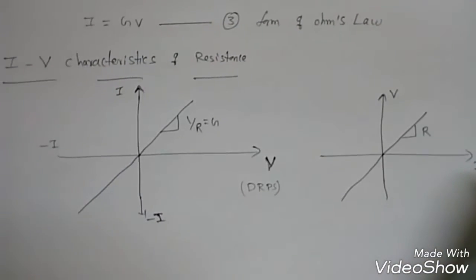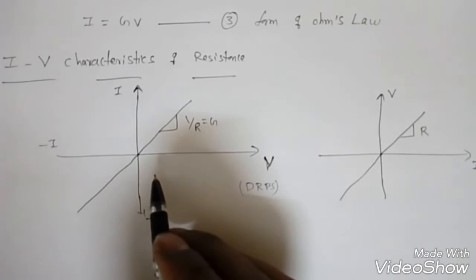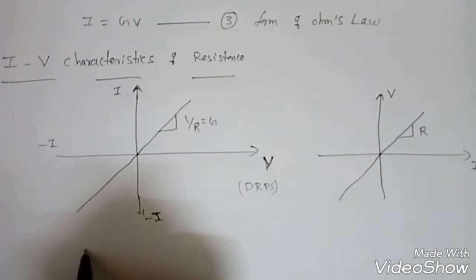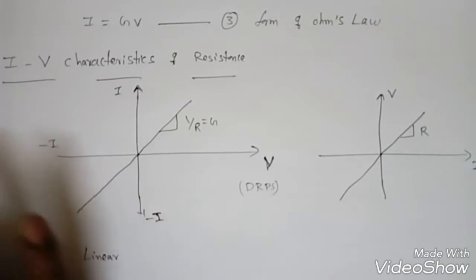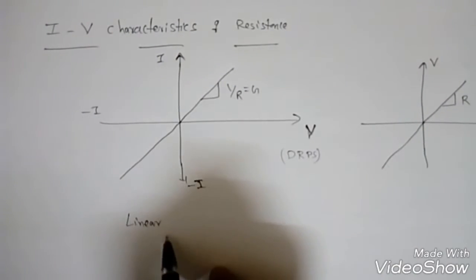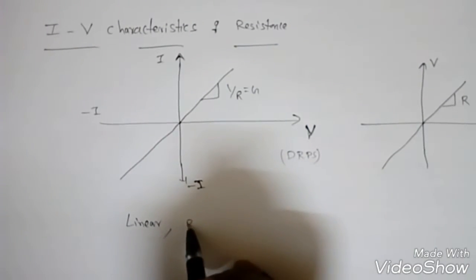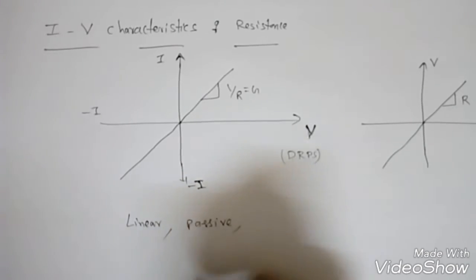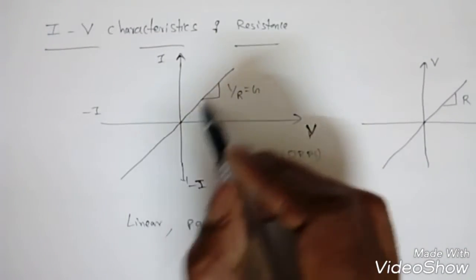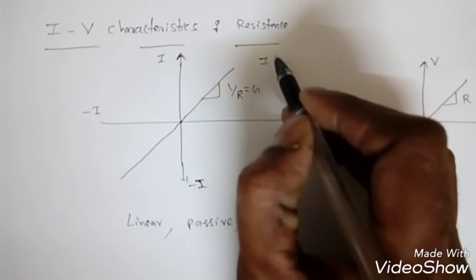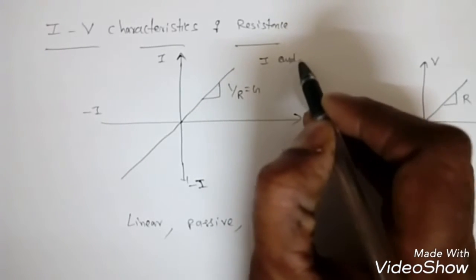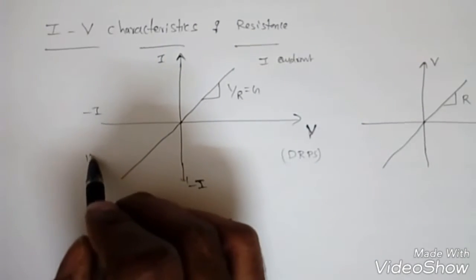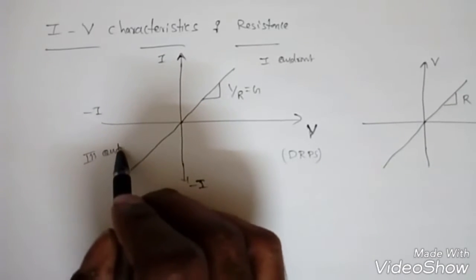Now if you compare with the classification of elements, this is linear, so the resistance is linear. Now the slope is positive, so we can say it is a passive element. And if you see the slopes in this, this is generally called the first quadrant, and the opposite is the third quadrant, right?